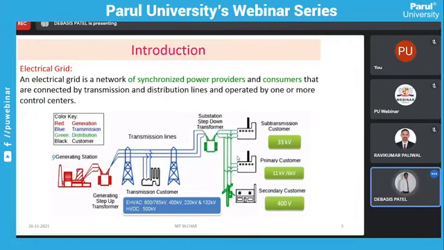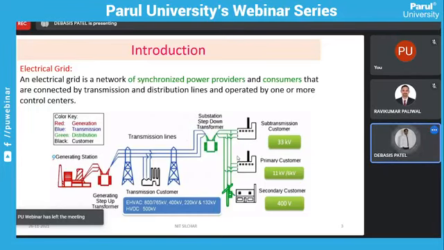By definition, the electrical grid is a network of synchronized power providers. Synchronization should be maintained whenever we transfer the power from generation to the customers' load end, or consumers, connected by transmission and distribution lines, and many operators are also there.